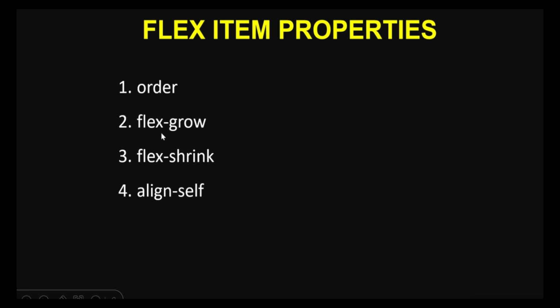Flex grow shows how the elements will grow, and flex shrink shows how the elements will shrink. Similarly, align self shows how an individual element will align itself. So these are some of the properties that we apply on Flexbox. Let's see them in VS Code for the demonstration.